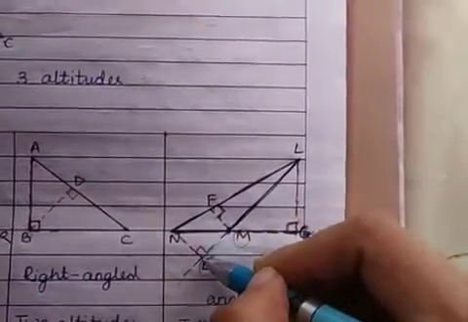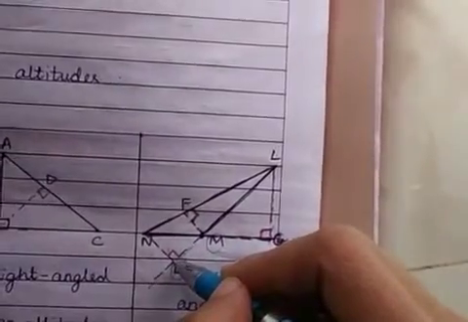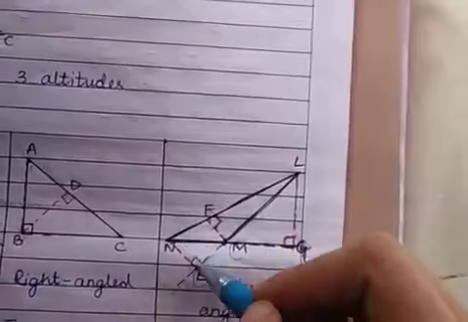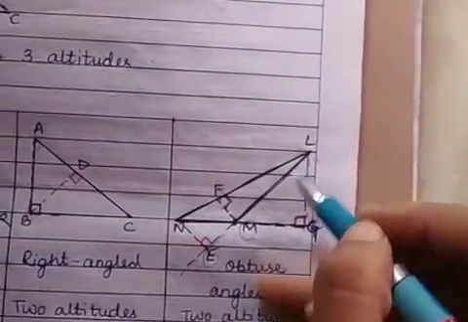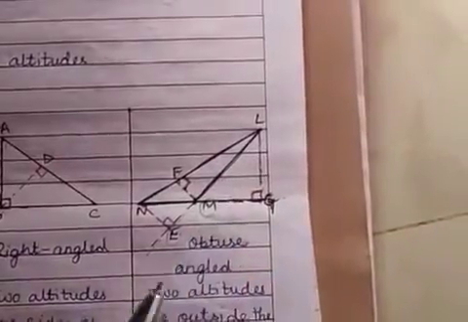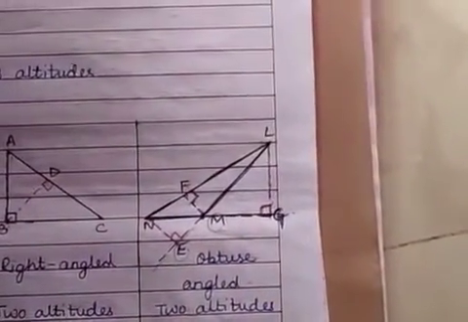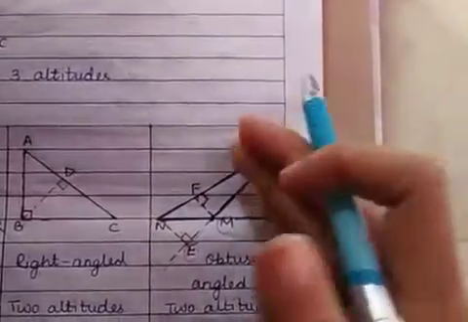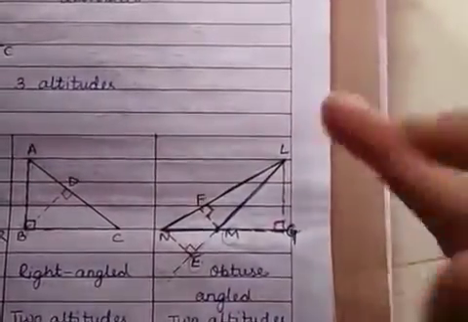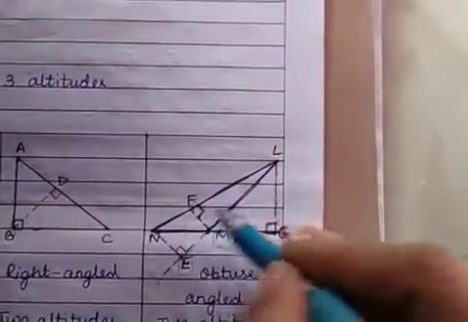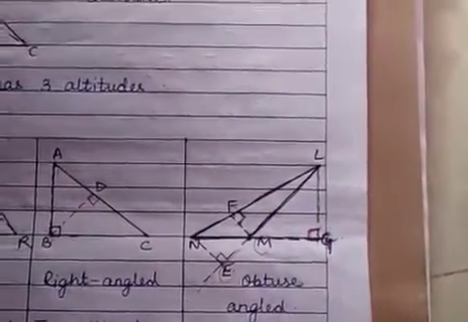So NE is the altitude to the third side LE. Now if you look at this obtuse angle triangle, you will see that two of its altitudes lie to the exterior or outside the triangle. So two altitudes lie outside the triangle.